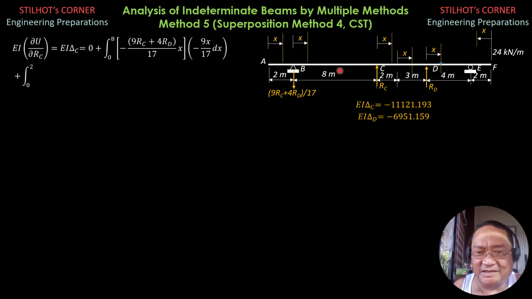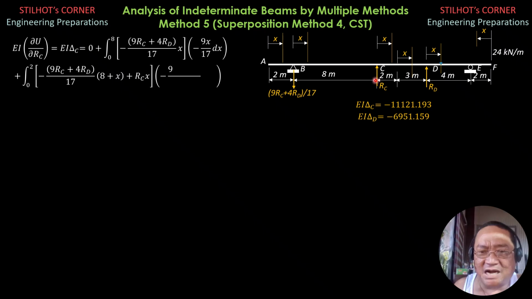Same sectioning. So EI times the partial of U with respect to the redundant force RC is EI delta C actually, but this time it's positive going up. For the first section here, it's 0. There's no moment. In this section, the integral of negative 9RC plus 4RD over 17 times x.